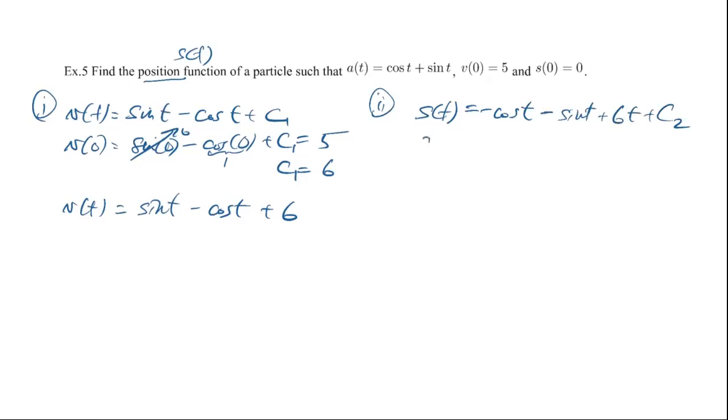Right? So we know that s of 0 is negative cosine of 0 minus sine of 0 plus 6 times 0 plus c2 is equal to 0. I know some of you guys do all this in your head, and those of you who do that, I've noticed tend to make a lot of mistakes. I don't think the time that you save in writing less will make things better for you.